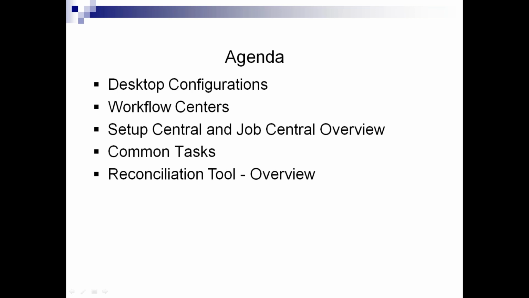So the things that we're going to talk about today, we're really going to focus on three versions of the software: 16.1, 17.1, and the new 18.1. I'm also going to show you some workflow centers that are available in the desktop. So this will definitely help out for new users at your company that are going to be using Sage that haven't necessarily been trained yet. This will help them get their hands on and get started in the software.